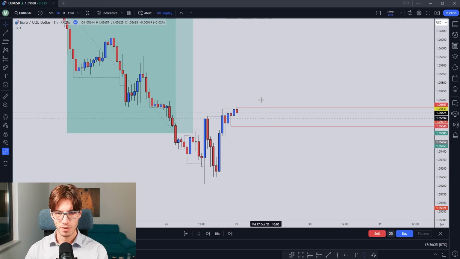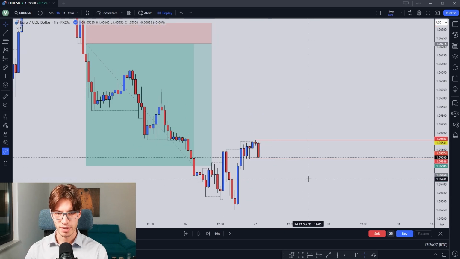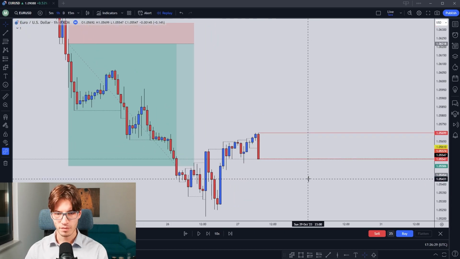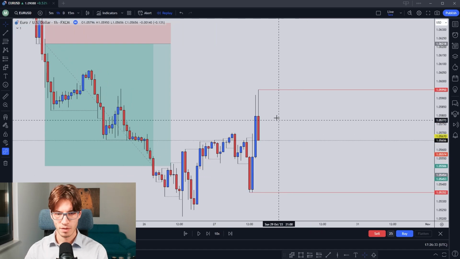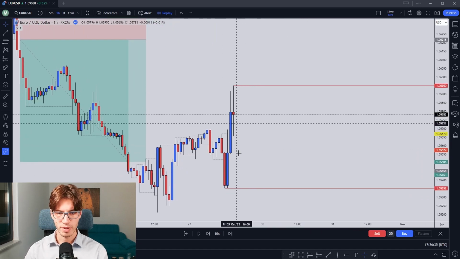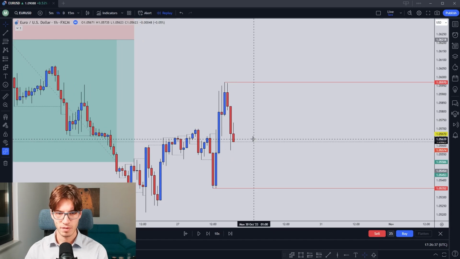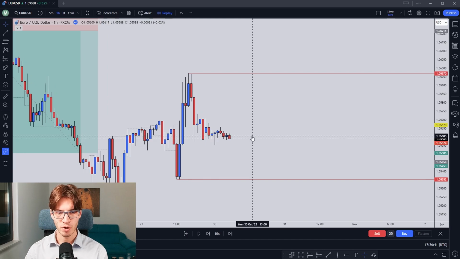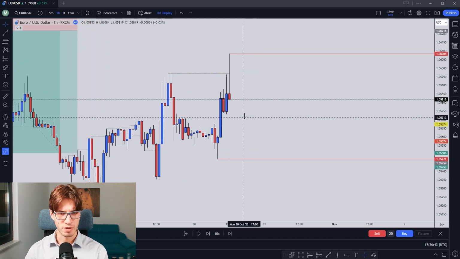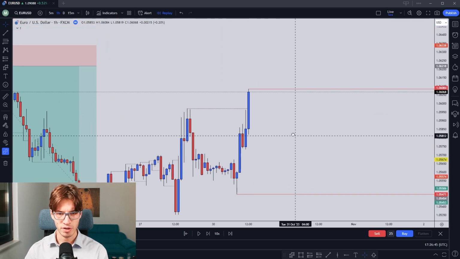Okay. Kind of flat, ranging around in this area. Okay, so yeah, still flat. Still range bound. This is now the 30th of October. I believe there are no more setups this month, but let's finish it.